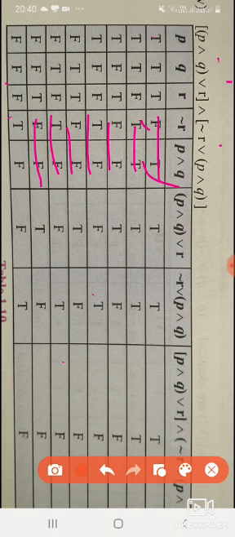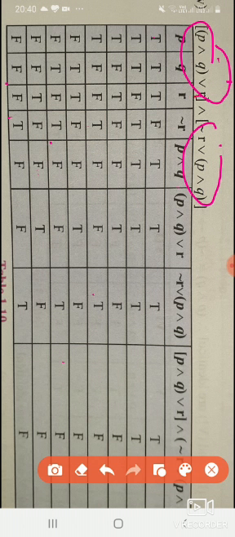Then at last, what is given? See these 2, we have found them. Using AND we have to connect. The truth table for AND is this much: if both are true, it will be true.